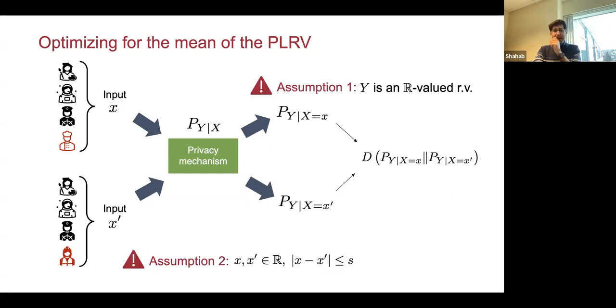We are making two assumptions. The first assumption is that the output of this mechanism is an R-valued random variable, so the dimension is actually 1. The second assumption is that instead of having some metric D, we are looking at the L1 distance. So we assume that the L1 distance between x and x' is smaller than s.